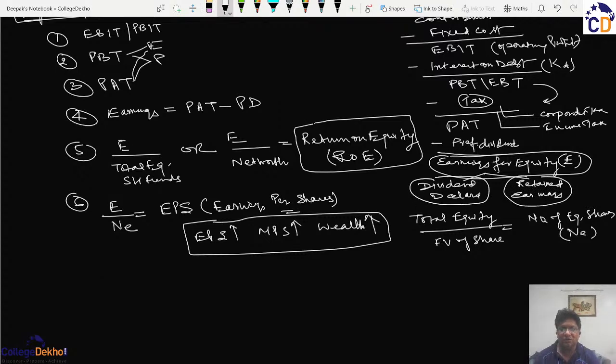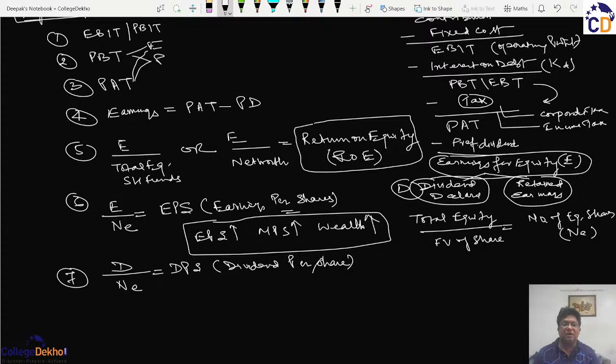So if we denote the dividend declared by D, then out of the earnings, the amount received by the shareholders is D, the dividend declared, and if we divide that by the number of shares, it denotes the dividend per share. That is how much dividend has been received by the shareholder out of the total earnings of the company.